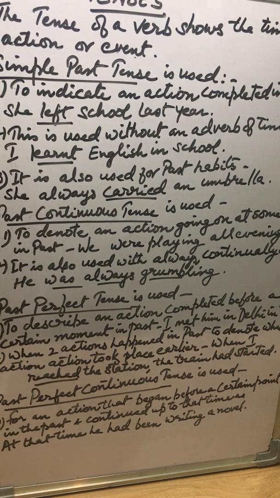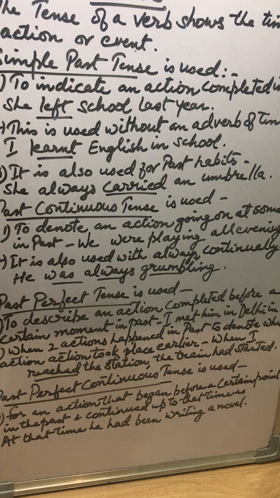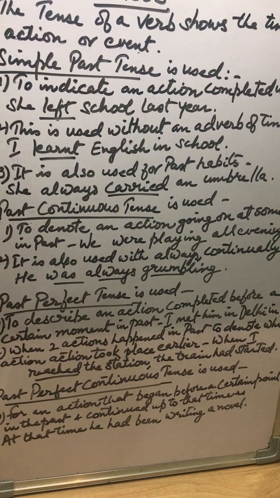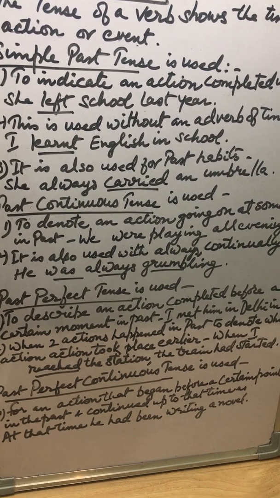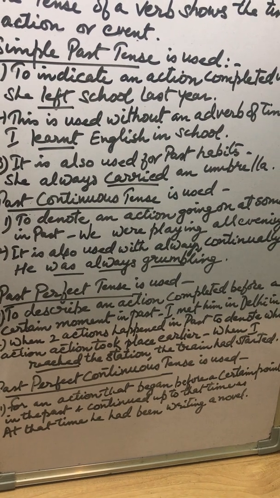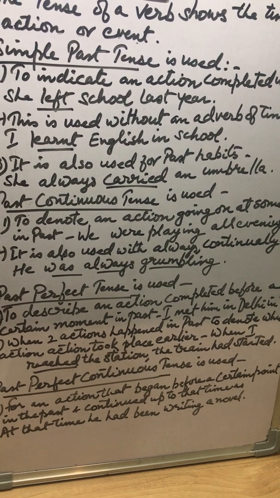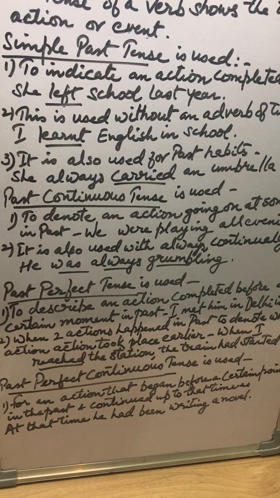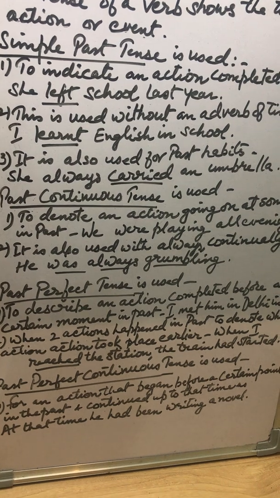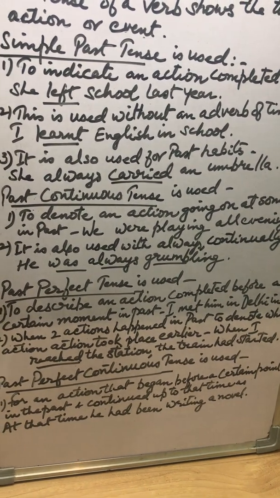So there are two actions taking place, but one action happened before the other. When I reached the station, the train had started. So the first sentence takes past simple and the second sentence takes the past perfect.